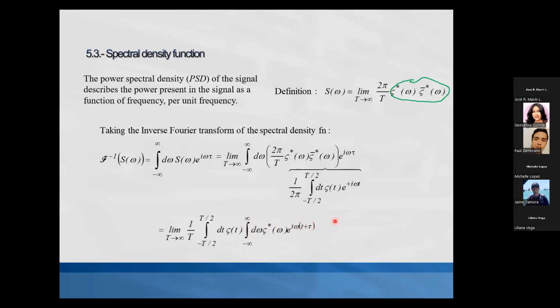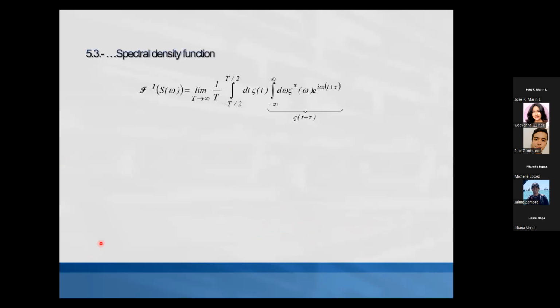The result is something that you have probably heard of. Okay, so this is the inverse Fourier transform, but not a function of t, but of t plus tau.